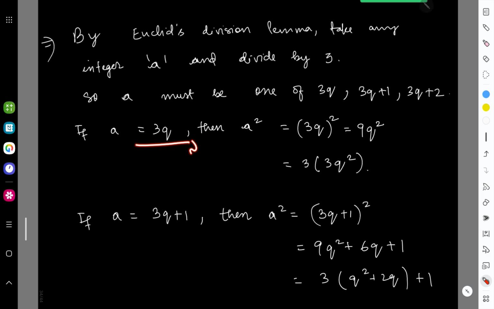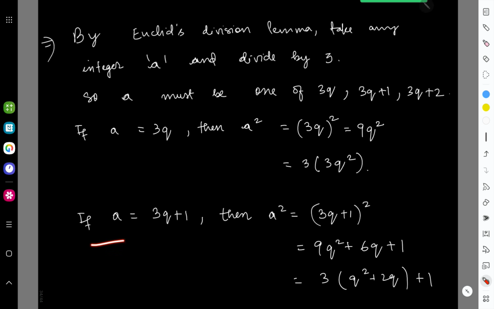If a is equal to 3q, a square is equal to 3q whole square, which is equal to 9q square. We can take 3 common, and then inside the bracket 3q square. Outside the bracket there is the number 3, so that means this is divisible by 3. So we can express this in the form of 3n.